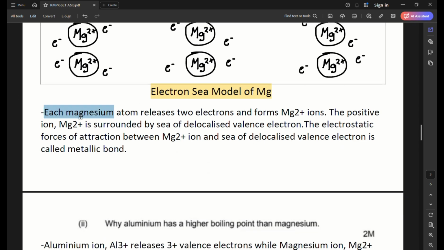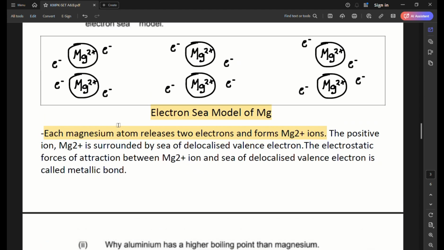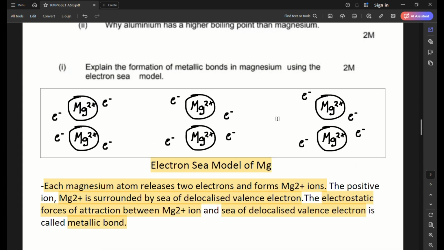Each magnesium atom releases 2 electrons and forms Mg2+ ions. The positive Mg2+ ion is surrounded by a sea of valence electrons. The electrostatic forces between the Mg2+ ions and the sea of electrons is called the metallic bond. That is how you explain it.